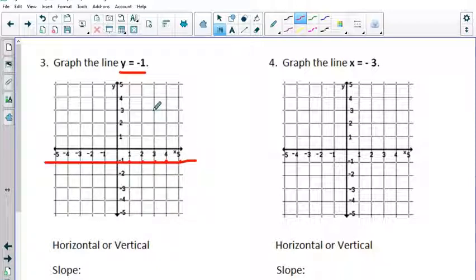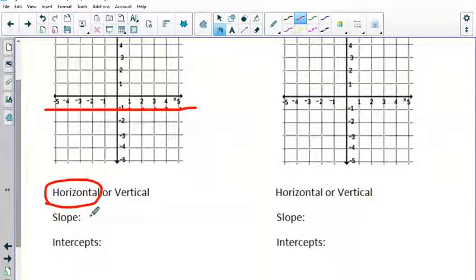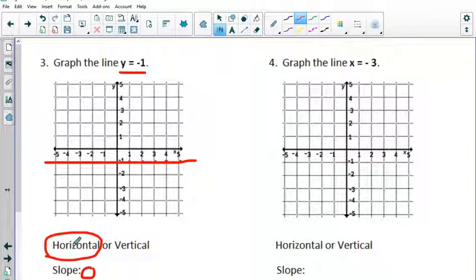This creates a horizontal line. Horizontal lines have a slope of 0, and the only intercept it has is a y-intercept of negative 1. So if I ask you to graph a horizontal line, they always take on the value y equaling a number. It can be any number, but when you're missing everything else in the equation, it's one of the special cases.